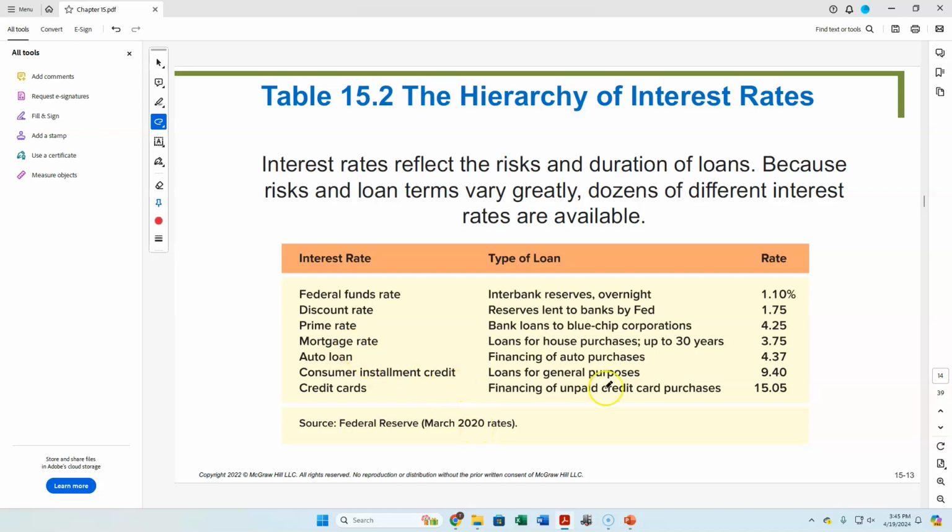Then you've got the mortgage rate. In March of 2020, it was 3.75%. Today, by the way, it's something I think north of 7%. Auto loans, right? Now you've got an asset that's quickly depreciating, plus you don't know the quality of the person borrowing the money from you, but there is an asset behind it, a car. So that rate's a little bit higher.